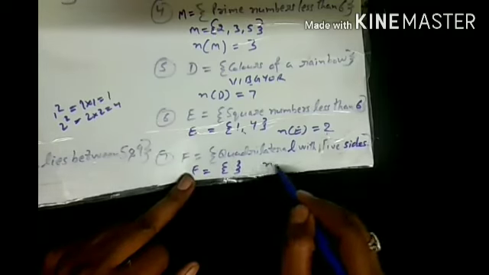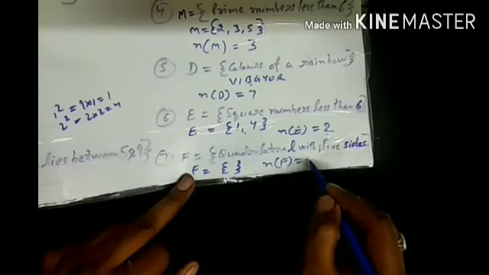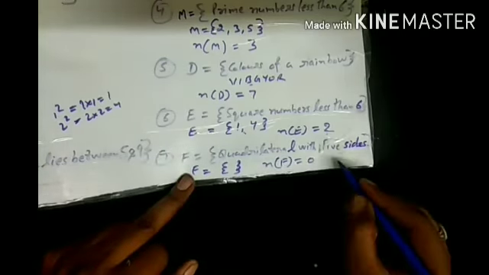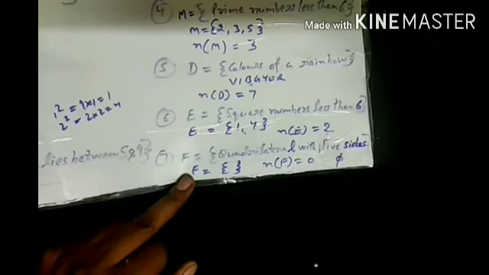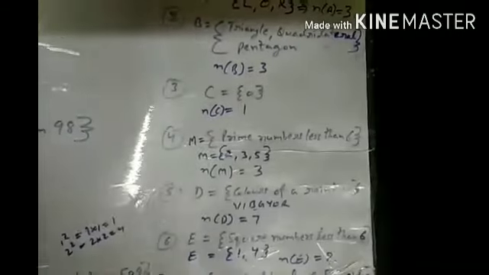Therefore number of elements in F is 0. Okay, this is the null set. In this way we have found how we can write the cardinality of a set.